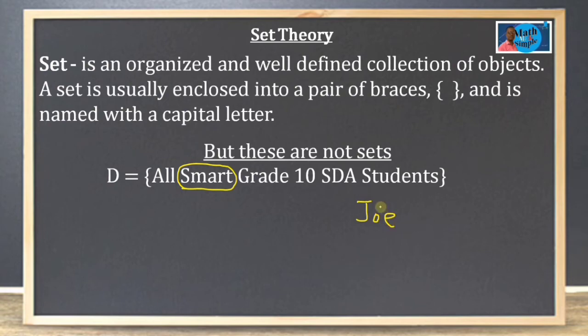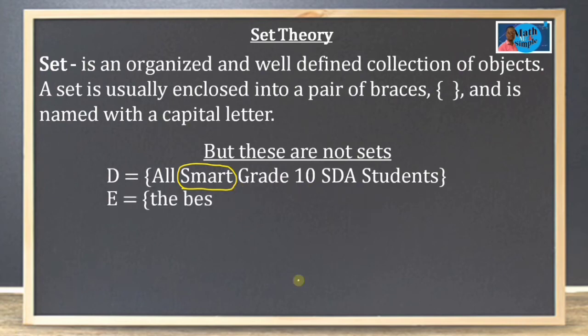He usually scores marks above 80, 90, and 100%. But Joe scored very low marks in physics, maybe 10, 20, 30 marks. So relative to math, he will be considered a smart student, but relative to physics, he will be considered not a smart student. So smart makes it relative, and we won't consider this to be a set.